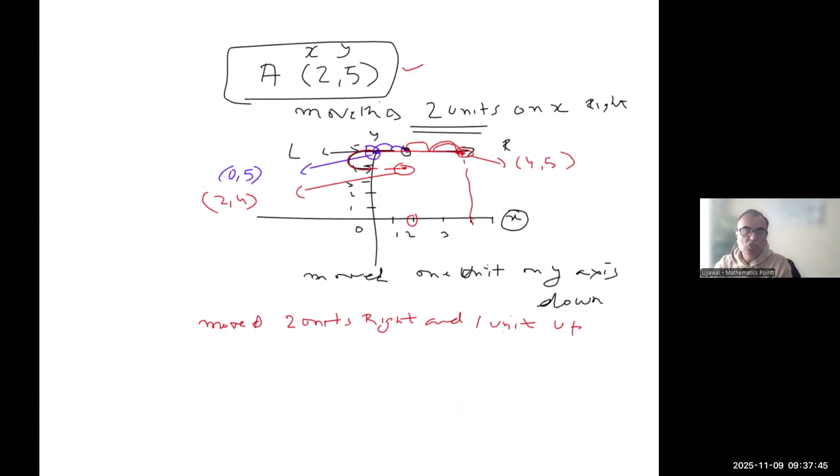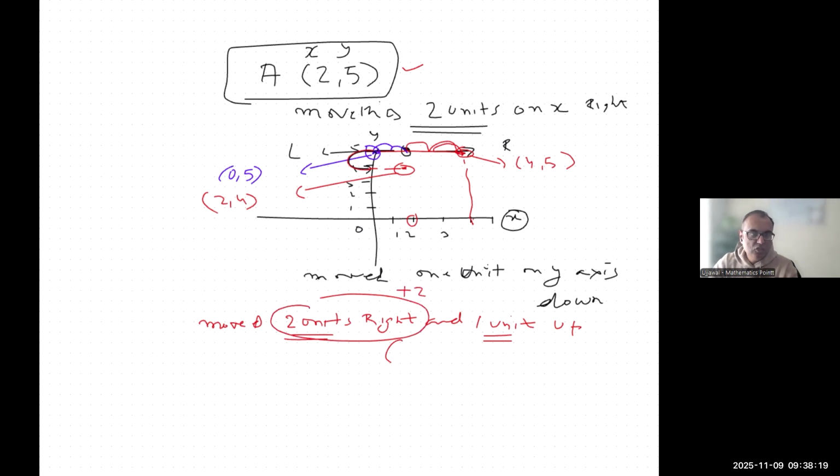Is there anyone who's not clear with this basic concept? Yes, it is still point A. Kartiki, yes, it is. We are still dealing with 2, comma 5. So we are now 2 units right and 1 unit up. 2 units right means add 2 to the x.